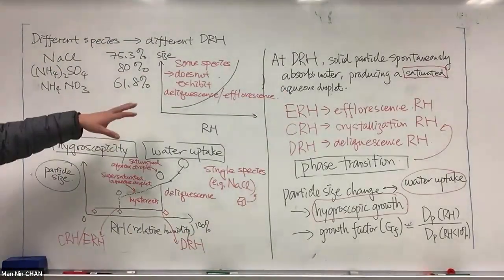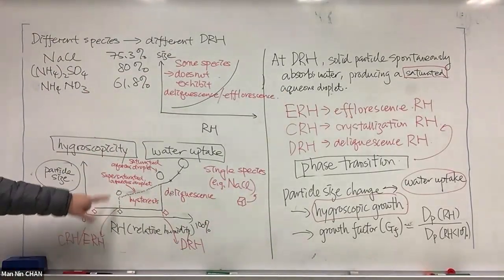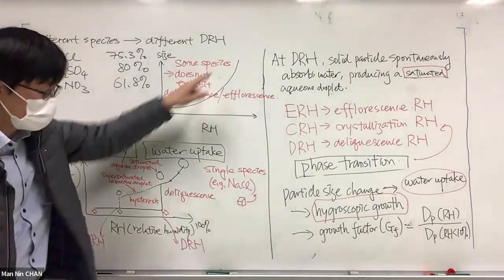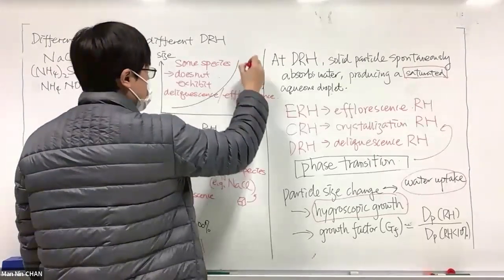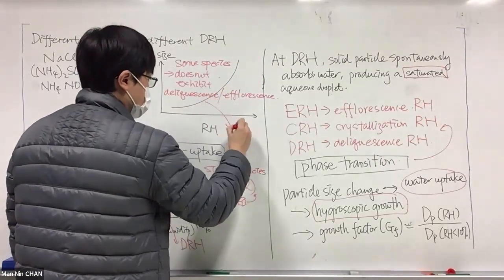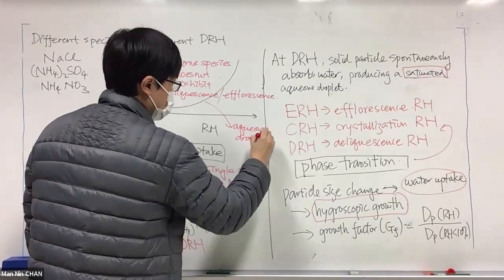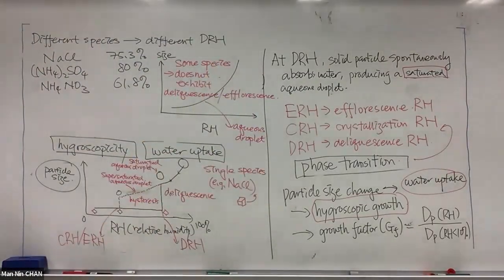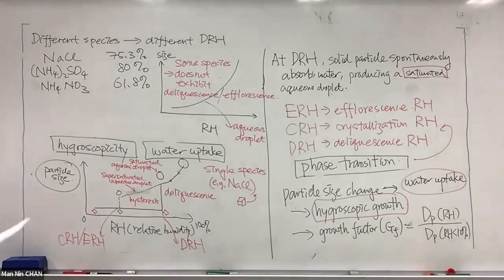So you will not see any deliquescence or crystallization or efflorescence here. Basically, they exist just like an aqueous droplet all the time. There's always an aqueous droplet with different concentration, so you don't have any phase transition in this case.